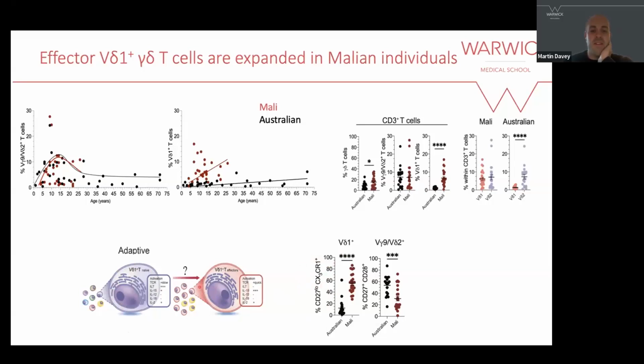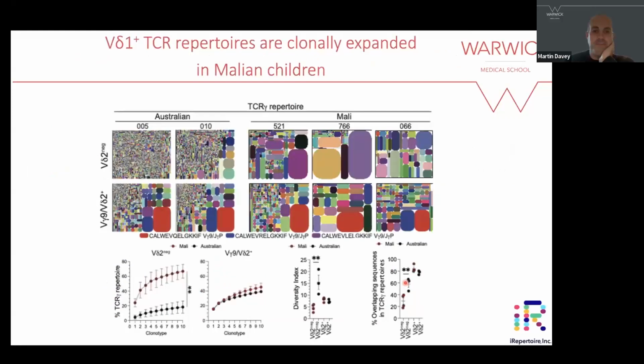And so we looked for these effector cells, and they were significantly increased in this Malian population, even in very young children, suggesting that they were shifting very rapidly and very early on to this effector-like phenotype. And there were some differences in their V delta 2s, but we couldn't discern too many. But this is work that's ongoing at the moment.